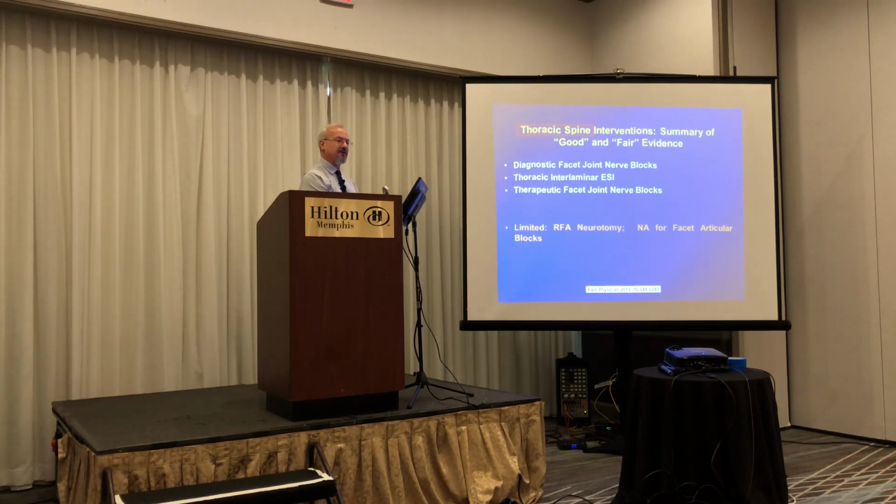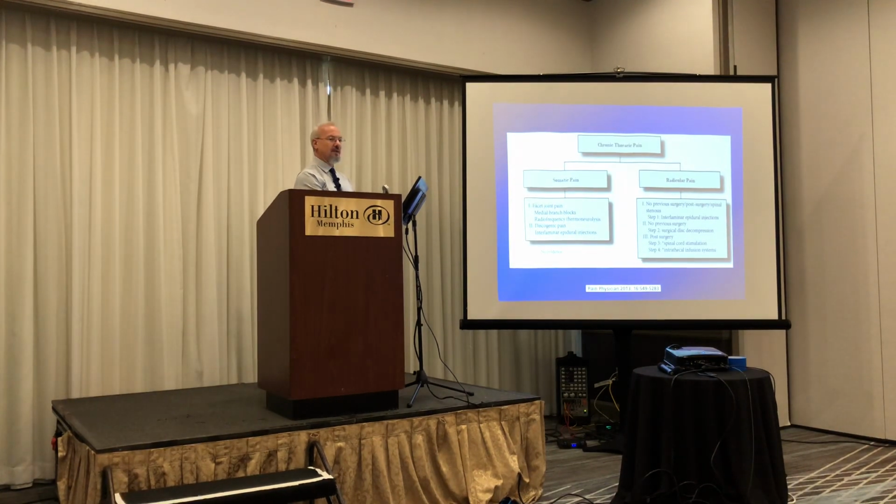You need to avail yourself of this with 2,424 references constantly being updated. This is available to you gratis, free of charge on the website. So once again, we have an algorithmic approach to how we manage patients who have thoracic pain. First, making a determination whether we are contending with a somatic pain process or a radicular pain process.